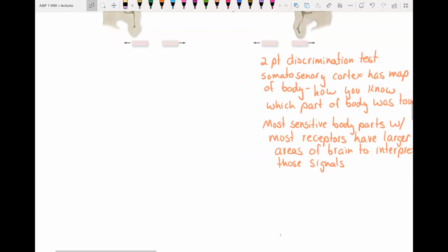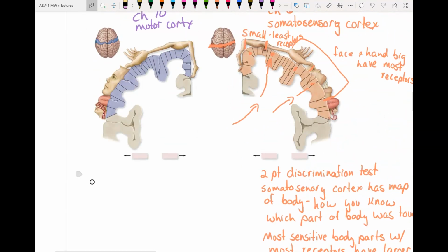Then if we go look at the motor cortex. Think about in chapter 10, we talked about motor units. Remember, a motor unit is one neuron and all the fibers it controls.